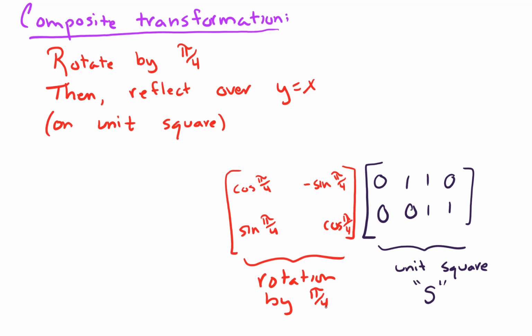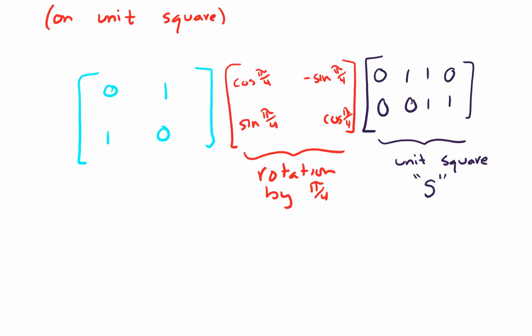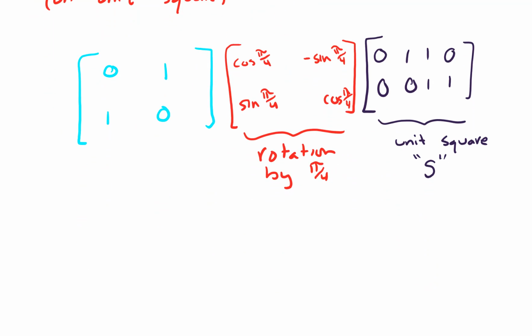And then layered on top of that, the last thing we want to do is this reflection over y equals x. And so that looks like 0, 1, 1, 0. So we could work through these calculations. If we multiply these matrices, let's see what we would get. So this is our reflection.